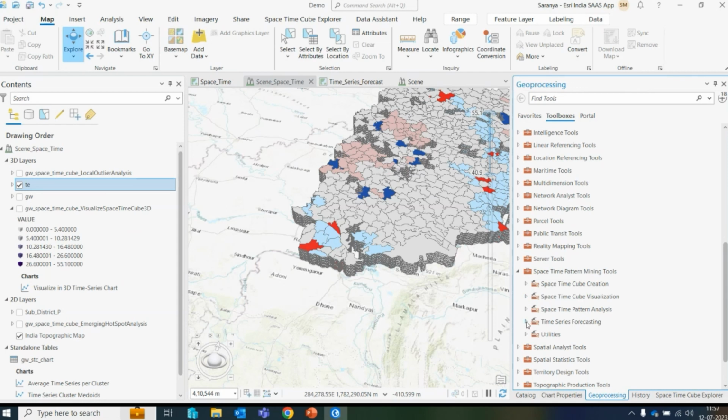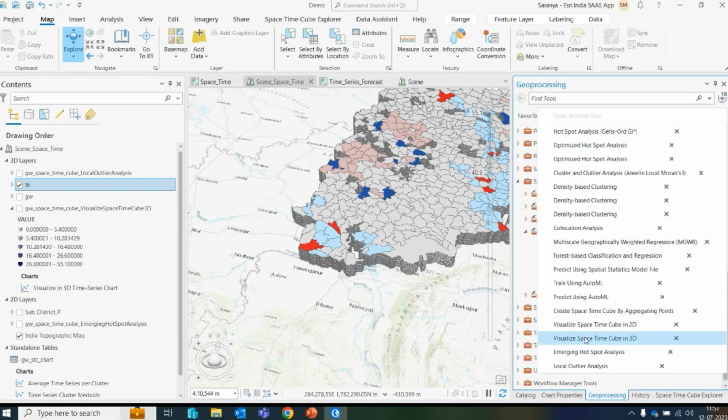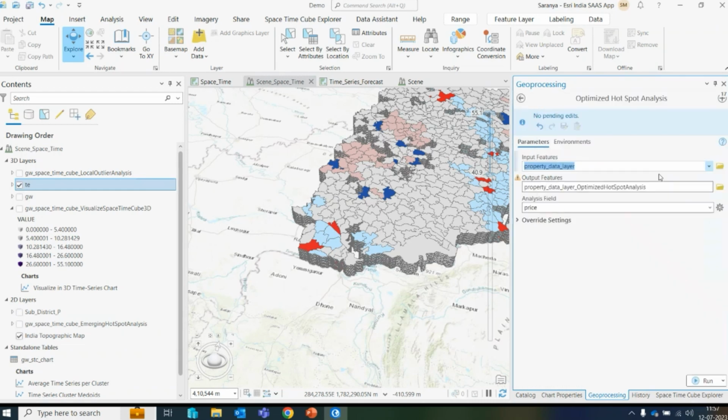For example, if I want to predict the groundwater quality trend in future, I can use multiple methods. I can use curve fit, evaluate exponential smoothing, forest-based, and I will just quickly show you one of these tools because I think we are almost to the end of the session.